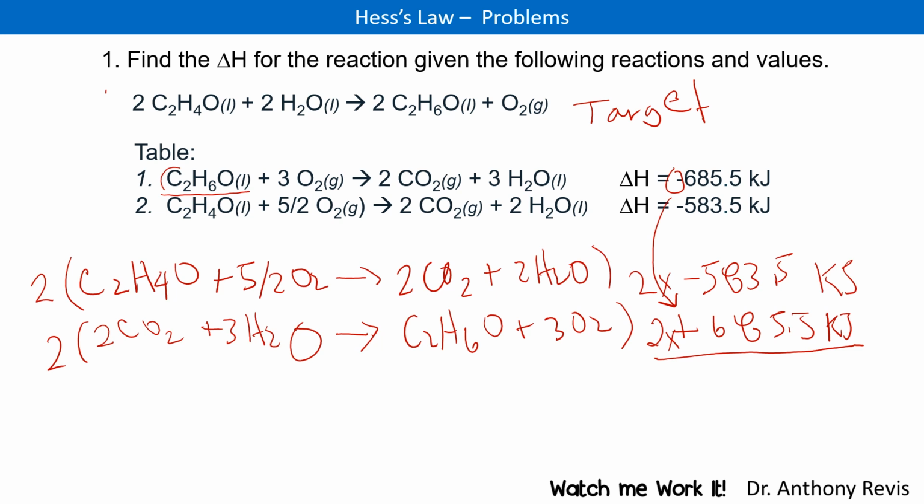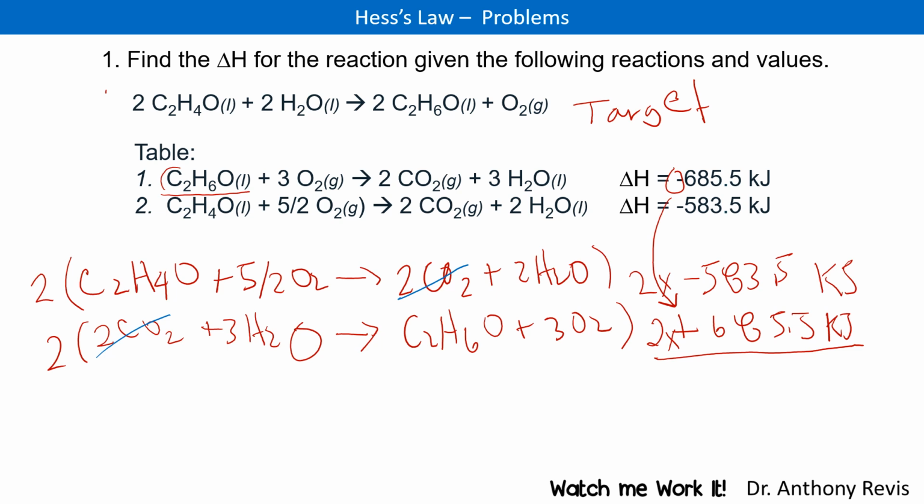But we need to check to see if this adds up to our equation. Now, I can write this entire equation down, or I can go ahead and cancel out things that are very common. You do your cancellation like you do in math, left side, right side. What I observe then is that if I do my cancellations, on this side, I have a total of 4 CO2s because I'm multiplying by 2. Up here, I have 4 CO2s. So those will cancel out.